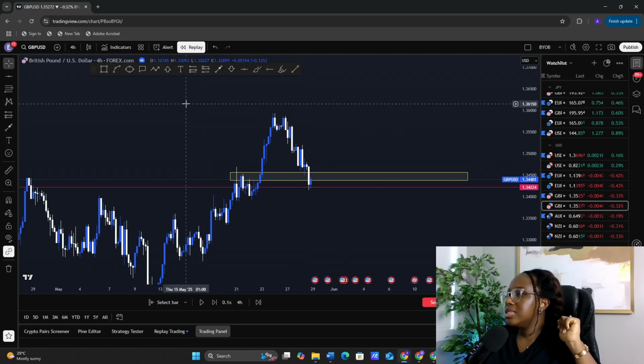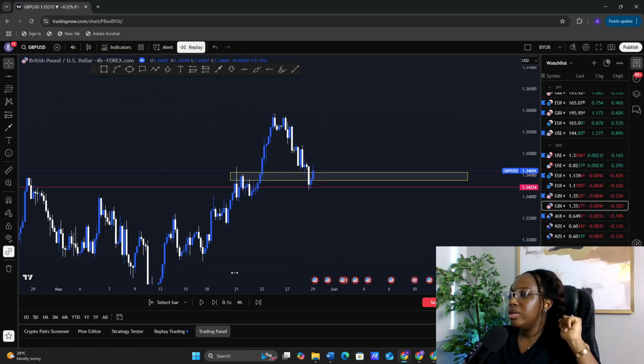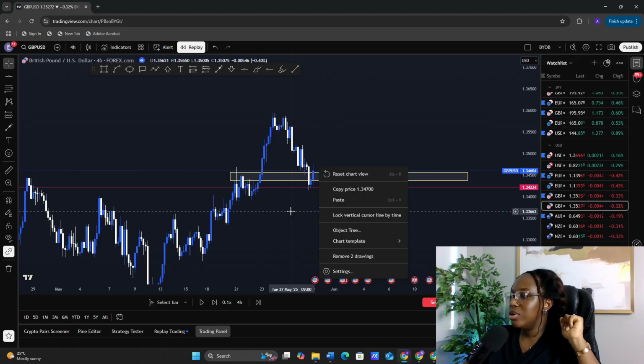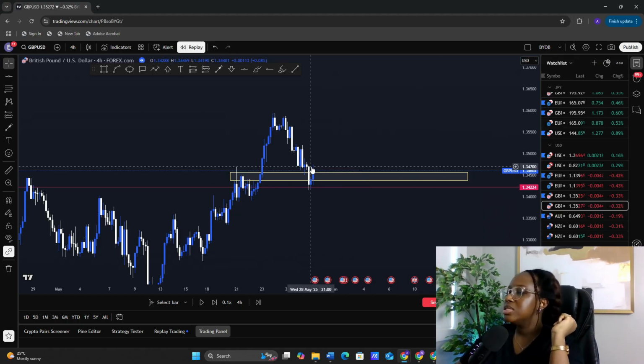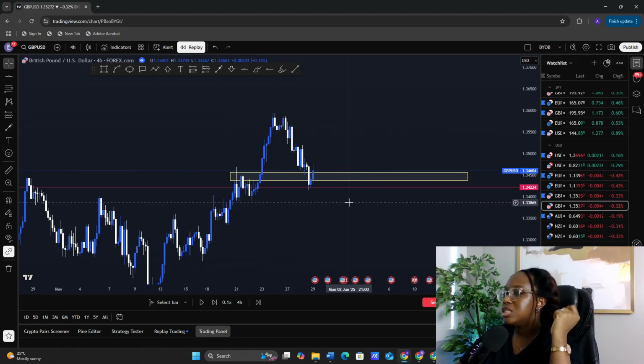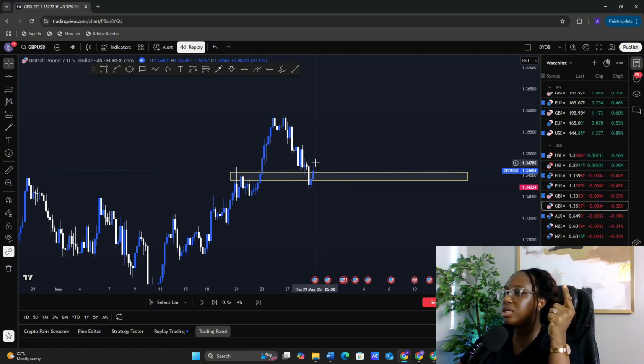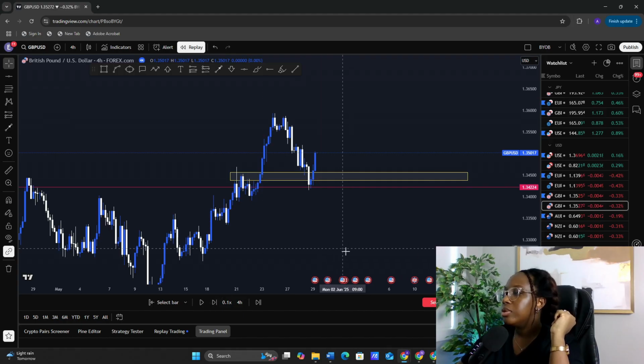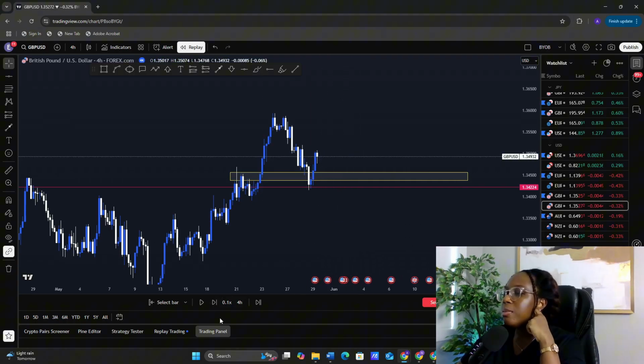So now the next thing I did was wait for my entry confirmation. I set my alerts at this zone up here. Of course, I cannot set an alert because we're in bar replay mode, but I set my alerts at that point, anticipating for price to close above the candle. At this point, price basically went all the way, it really went high.